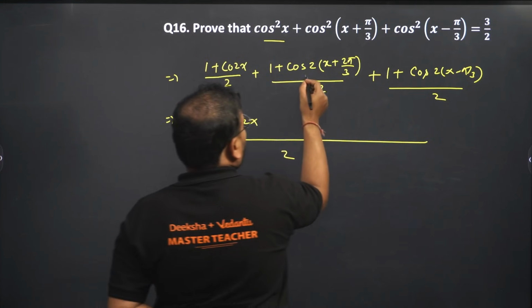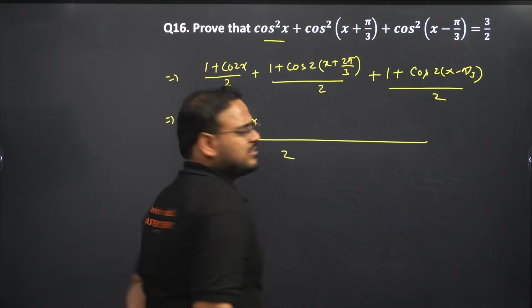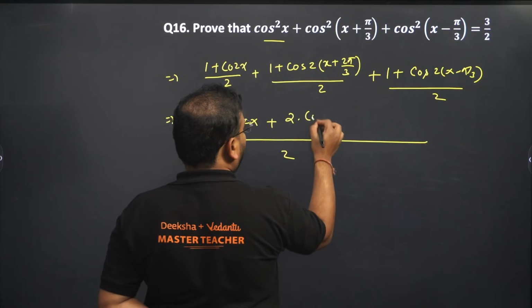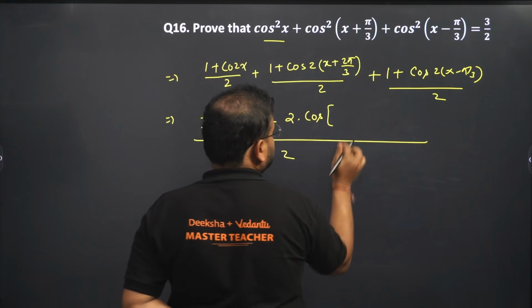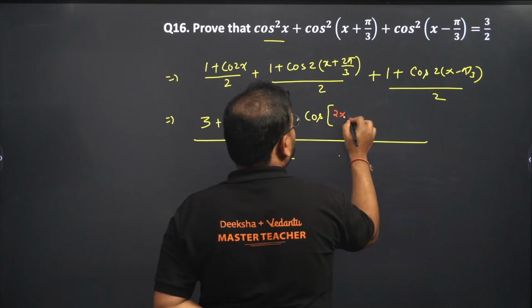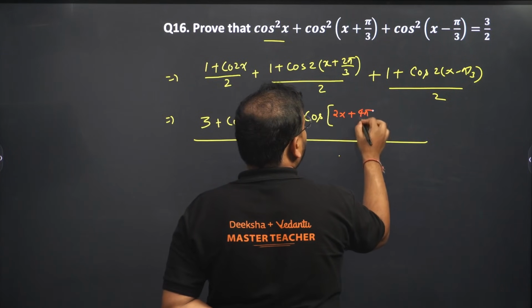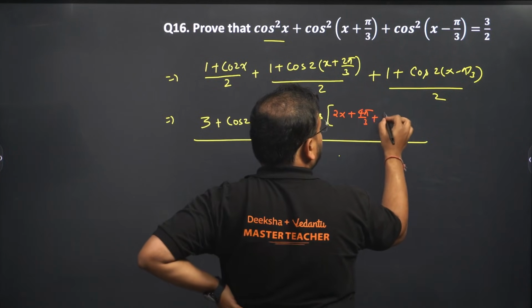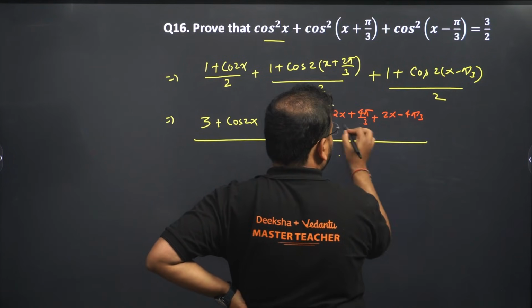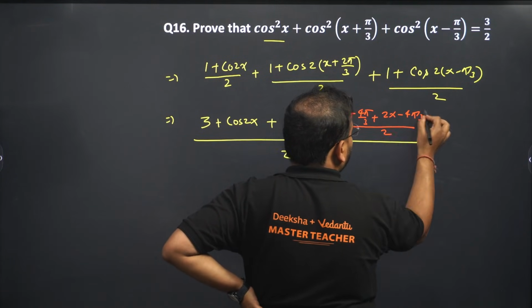Now check here, cos twice of this angle and cos twice of this angle. There's a formula: 2 times cos of the sum of the angles divided by 2, into cos of the difference of the angles divided by 2. So (2x plus 4 pi by 3 plus 2x minus 4 pi by 3) divided by 2.